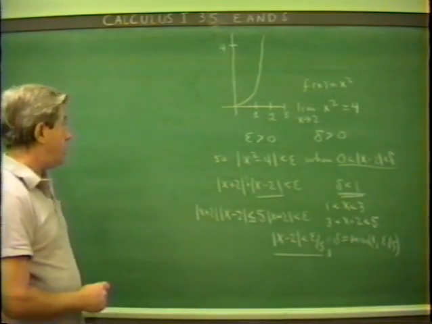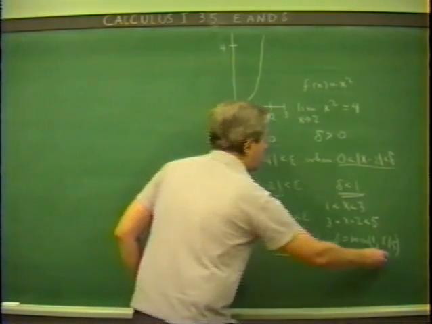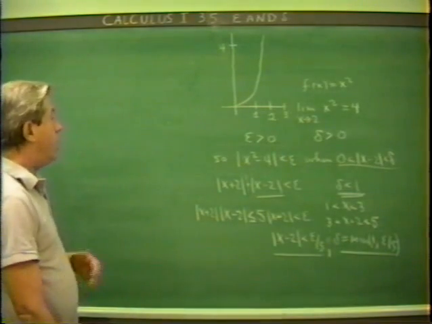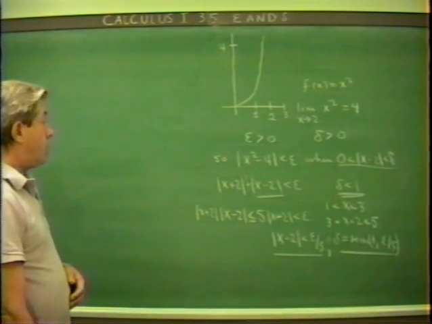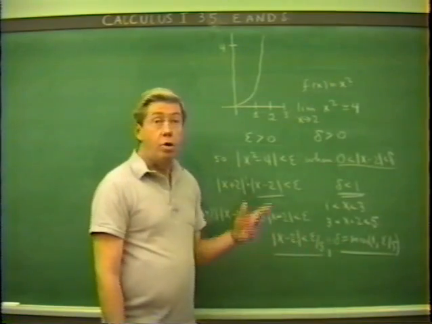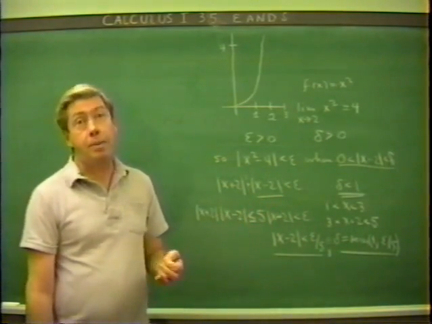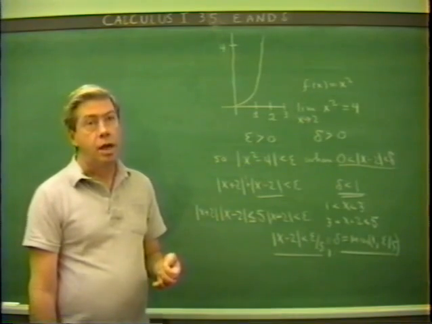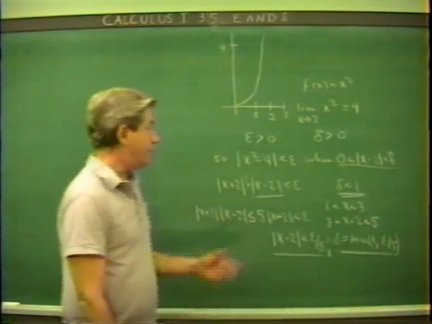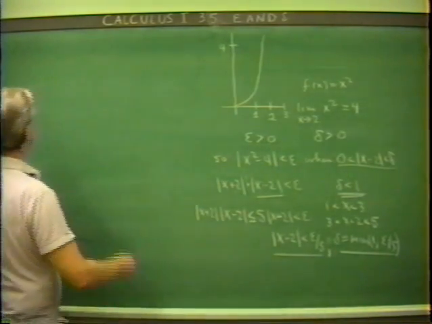Now we're ready to find the limit of the product. If the limit of f(x) is L, and the limit of g(x) as x approaches a is M, then the limit as x approaches a of f times g of x is L times M. As shown, given epsilon, find the delta.